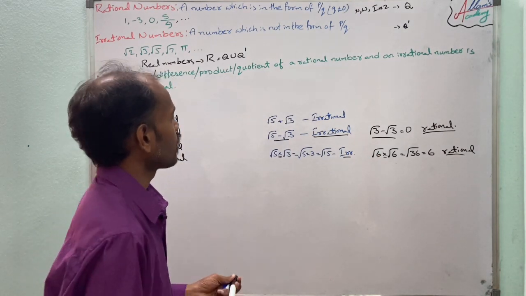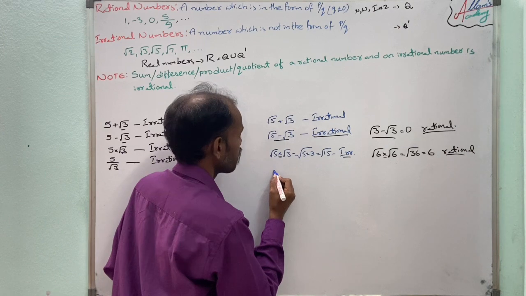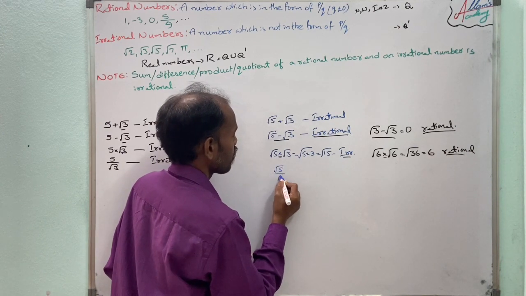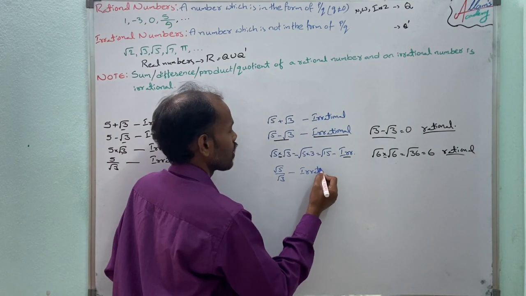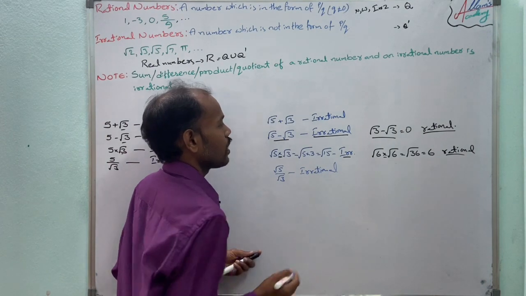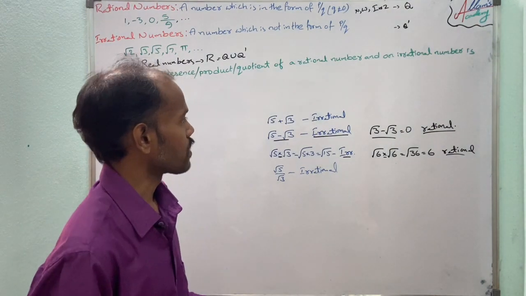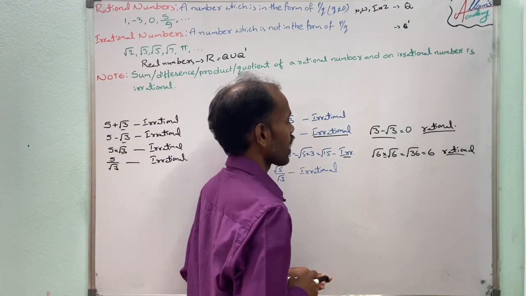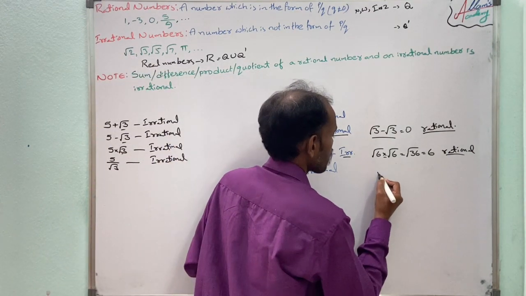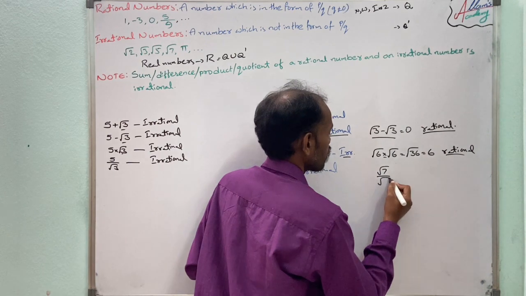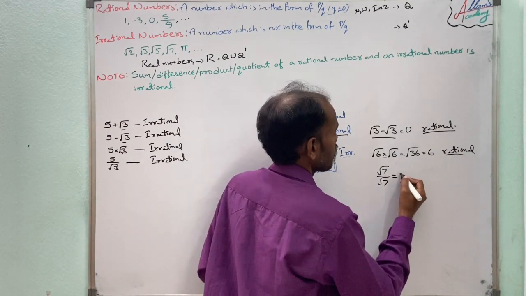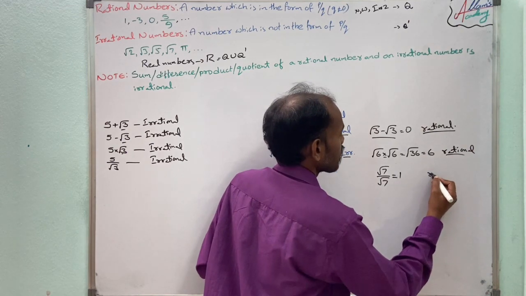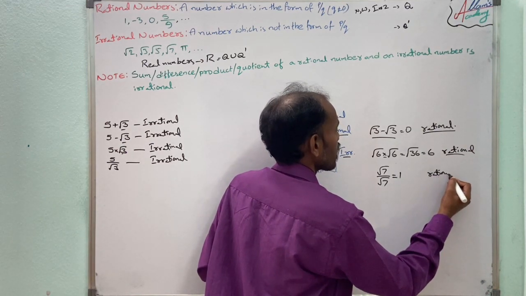So now if we observe the division root 5 by root 3, now it is an irrational number only. Now if we observe the irrational number root 7 by root 7, now here both will be cancelled, so that is 1, which is nothing but a rational number.